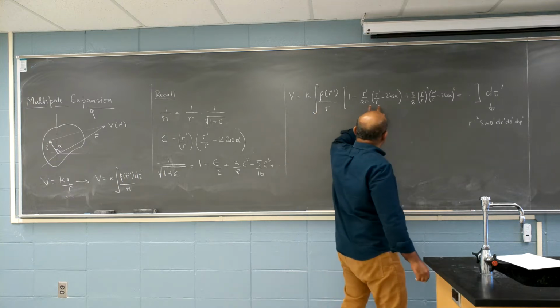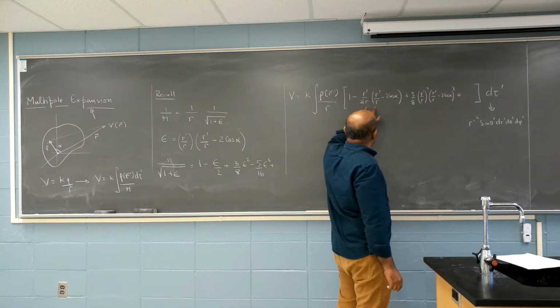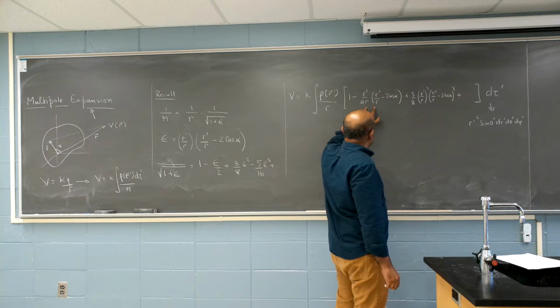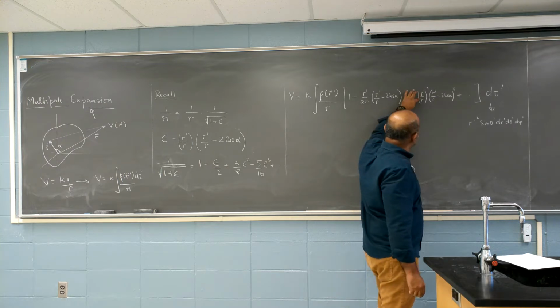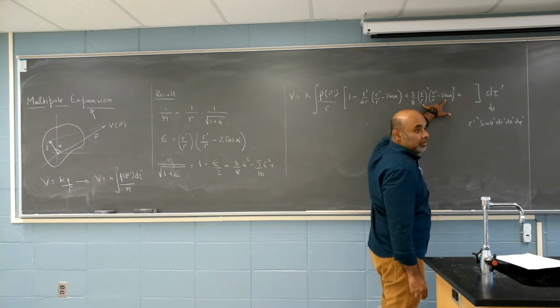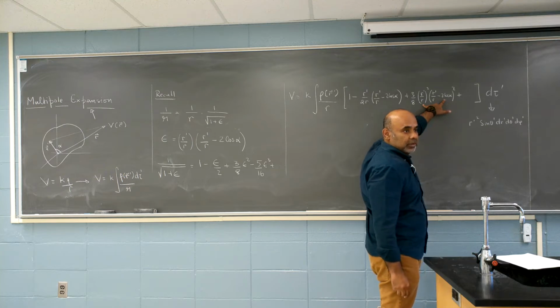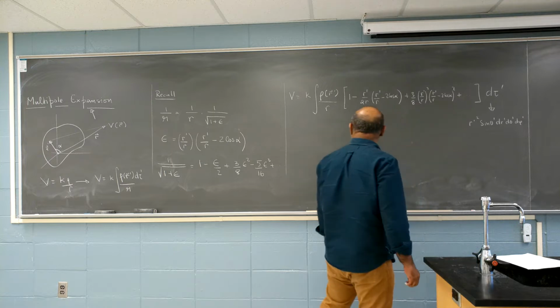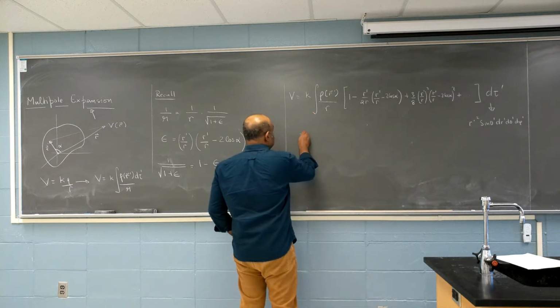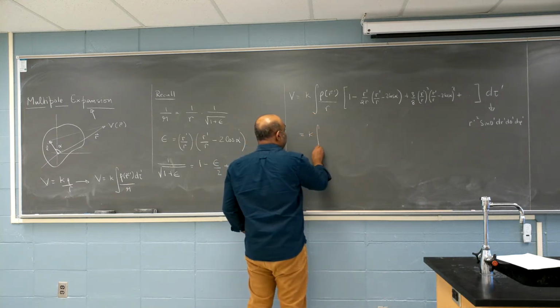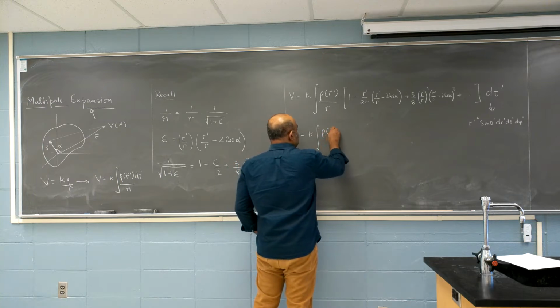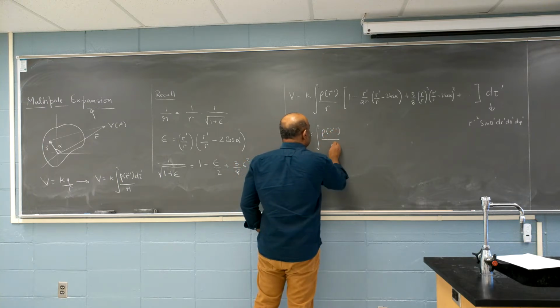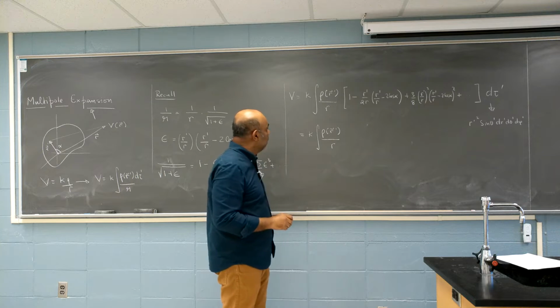But if you're going to keep it up to r prime squared over r squared, you have to be careful. There's an r prime squared over r squared coming from this term. So you have to do a little bit of algebra and simplification. You can test this out on your own, but it's just algebra. I recommend that you do.